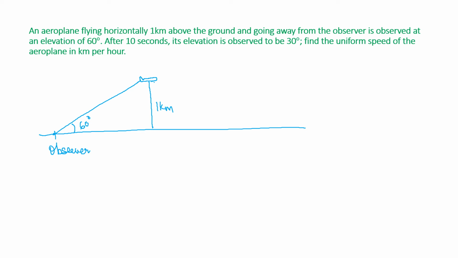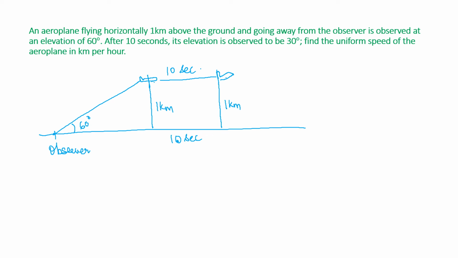After 10 seconds, the aeroplane is going like this and it reaches over here, and the vertical distance remains the same. So it takes 10 seconds to travel this distance. From here to here, the aeroplane takes 10 seconds.